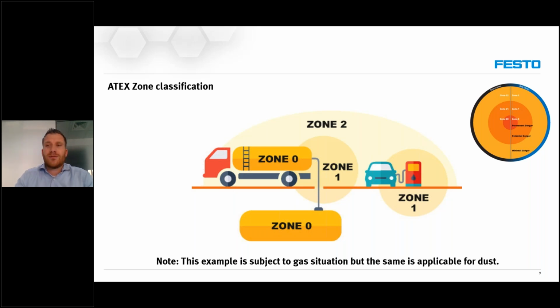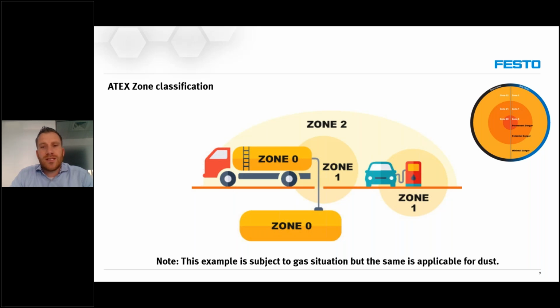In the chart on the right-hand side, you can see zone 0, where the chance of an explosion happening is really high, with a very high impact. Zone 1 is the next one. It is very close and builds up from zone 0, where there's an interface or direct link, and there's also a very high potential for an explosion.